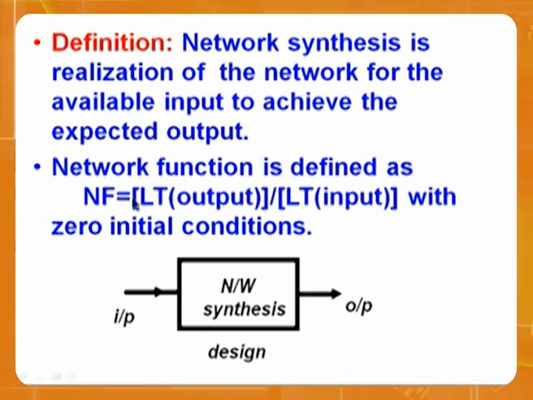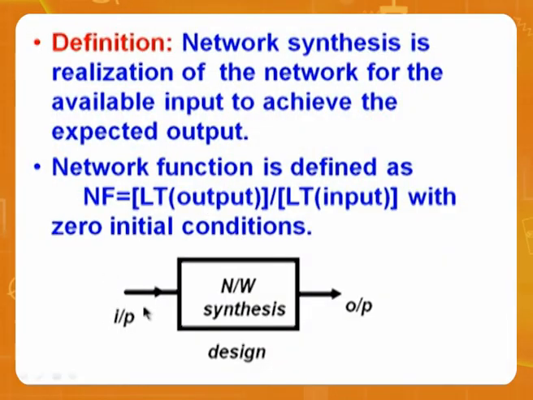Now let me define what the network function is. Network function is defined as the Laplace transform of output by the Laplace transform of input with initial conditions 0. But remember, this is also called the transfer function. Therefore, it is not necessarily a Laplace transform. It can be any transform of output by any transform of input with initial conditions 0. It all depends on the type of input given.